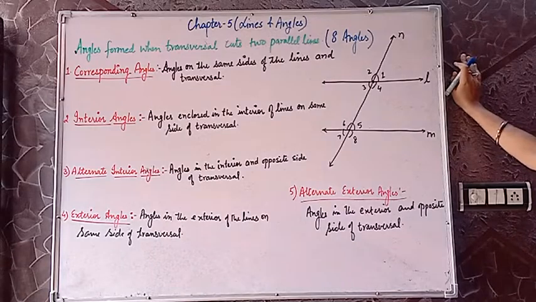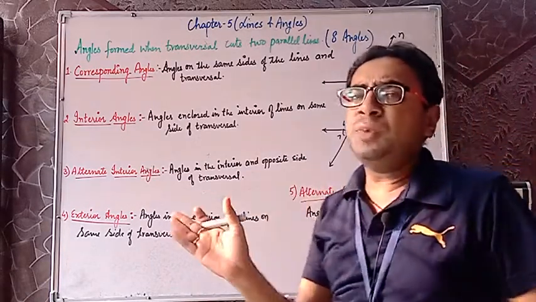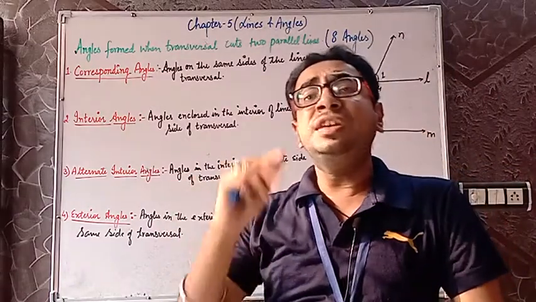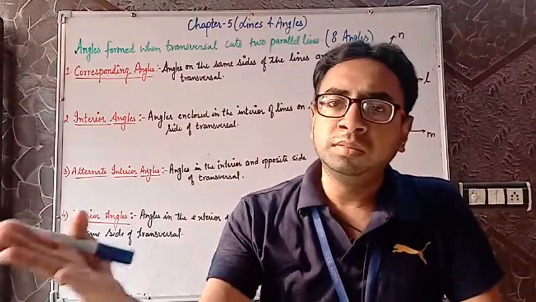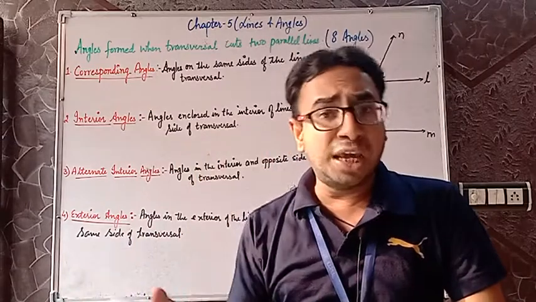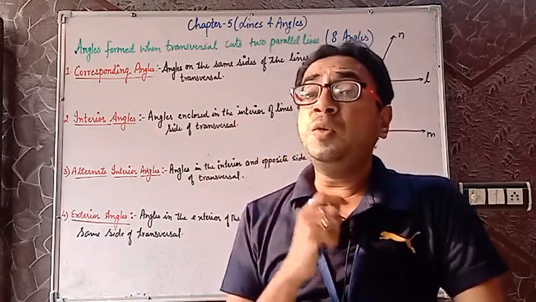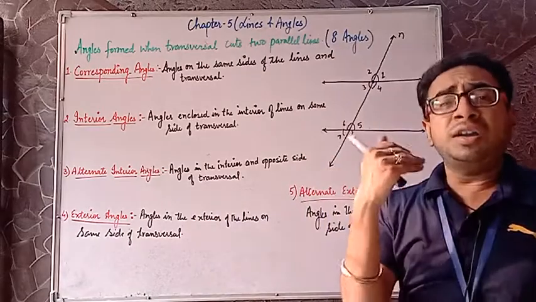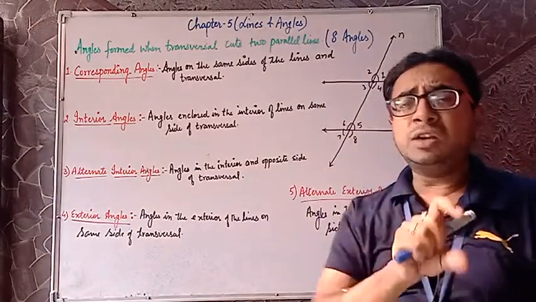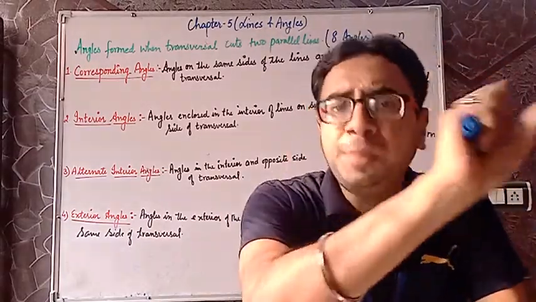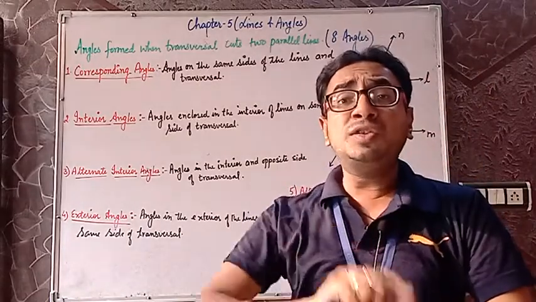So let's see first, corresponding angles. What do you mean by corresponding? Corresponding means in some connection it is very similar. In relation, in connection, it is similar to it. For example, in letters or forms, there is an option called corresponding address. Once you write the permanent address, another option is corresponding address.